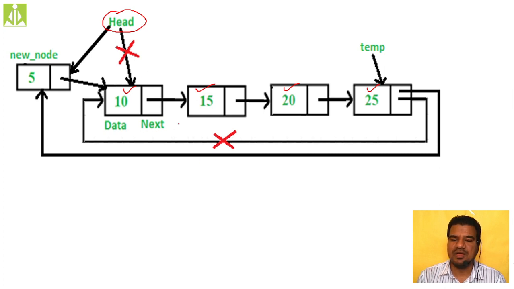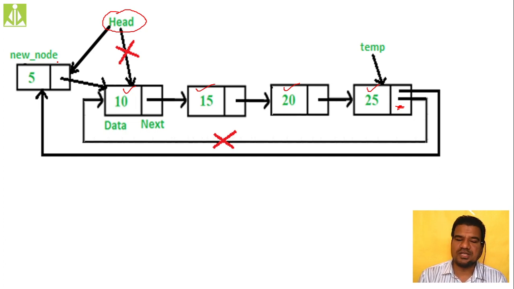Basically, when you are modifying the head content as well as the last node's next pointer content, automatically the previous links will be removed. So no need to do anything in order to modify these previously existing links. Just modify the pointer addresses. Automatically the previously existing addresses will be replaced with the new addresses. So these previous links will be removed automatically, and new links will be linked, when you are replacing the address.